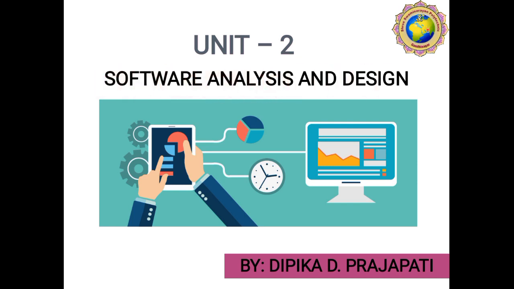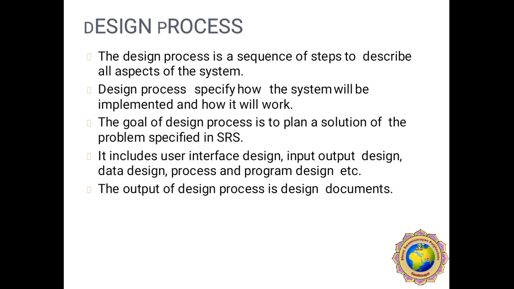software analysis and design, the design process. So how do we define the design process of software? The design process is a sequence of steps to describe all aspects of the system. Second, the design process specifies how the system will be implemented and how it will work.